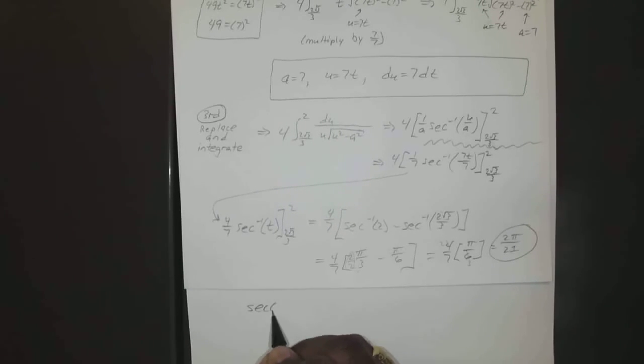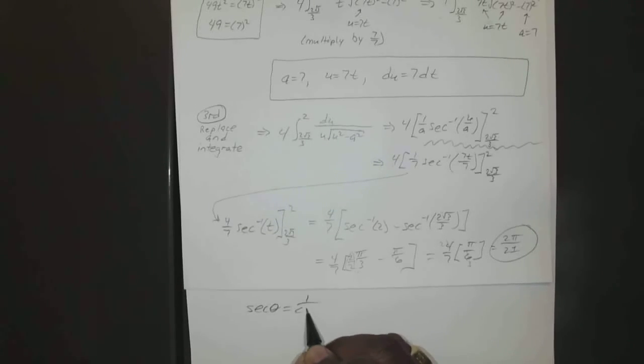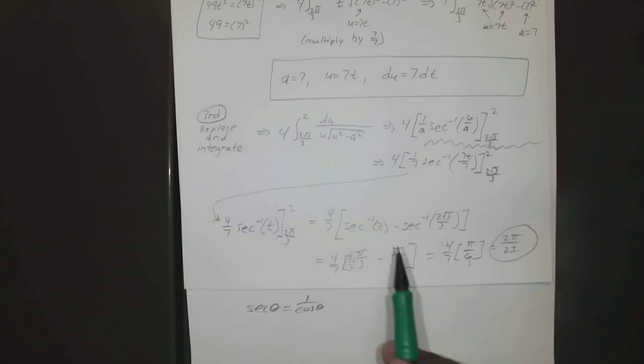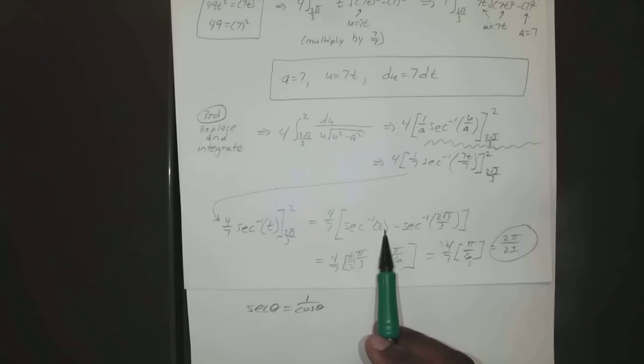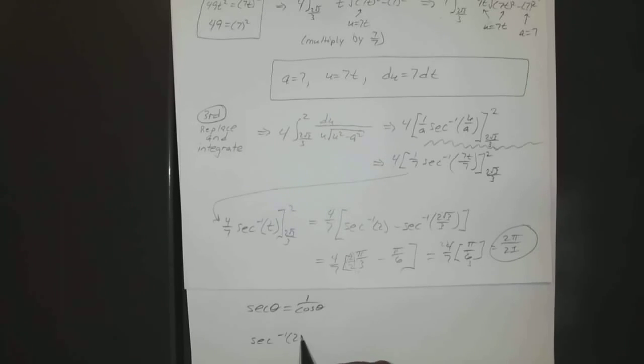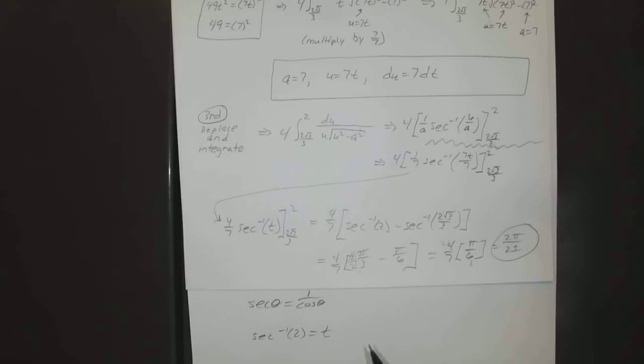Yep, so we know that secant of theta is just the reciprocal of cosine of theta. So if we have secant inverse of 2, let's say secant inverse of 2, if we let that equal t, then if we apply secant to both sides, the secant and secant inverse cancel out. So we have 2 equals secant of t.